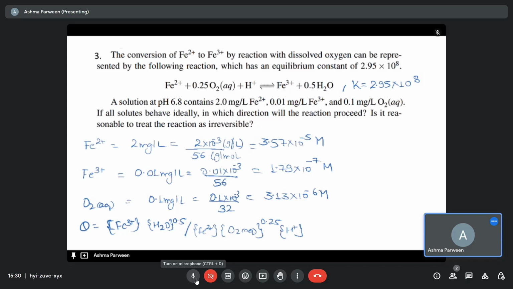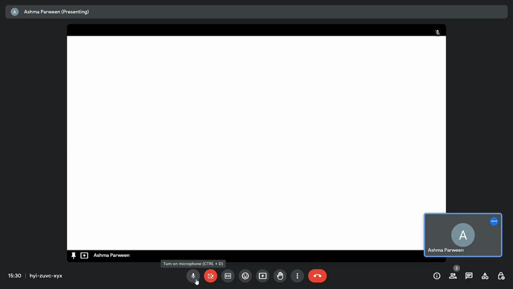So it is not given, and the concentration is also very less, so we will assume the system to be dilute and the activity will be equivalent to concentration. So let's go to the next page. So Q will be Fe3+, and also we know that the activity of H2O is 1.